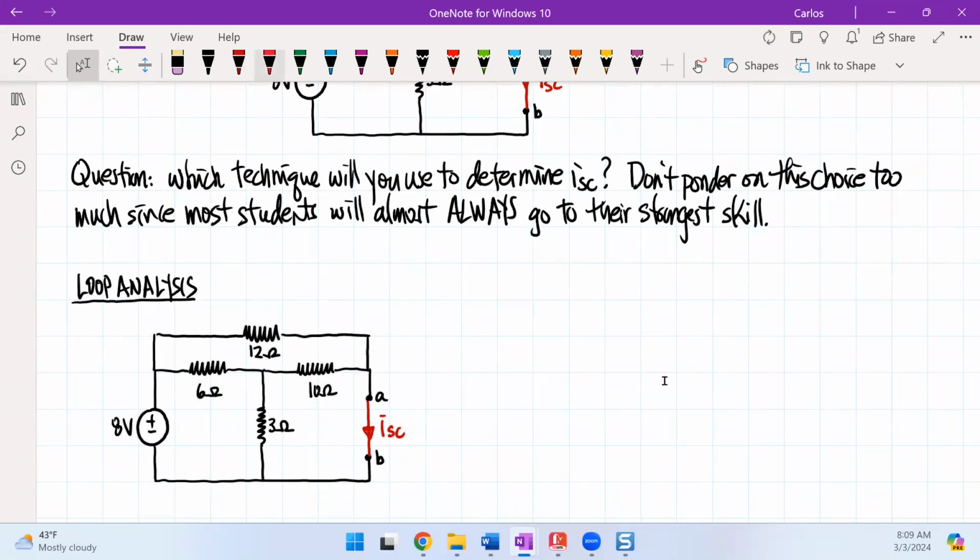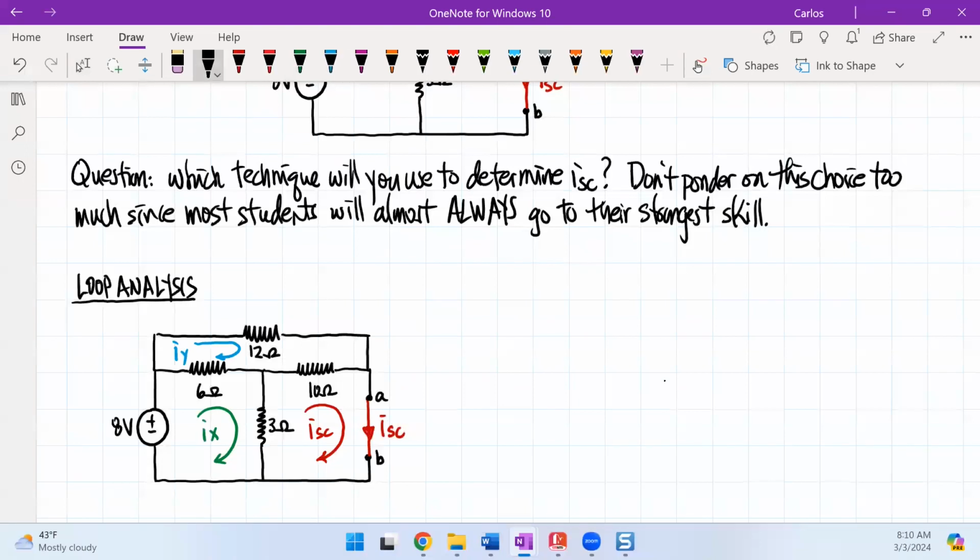So let's pick our currents. We should pick this one as I short circuit. I'm going to call this one IX. And then I'll pick this current right here as IY.